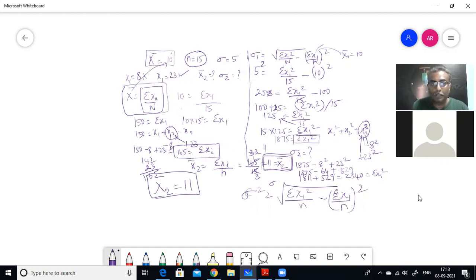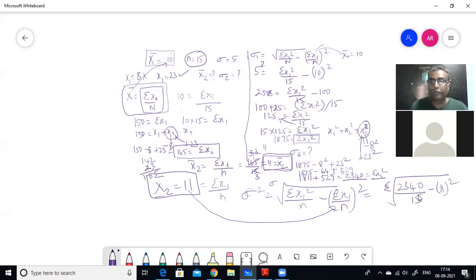So, this is equal to sigma xi by n. Substitute 11 here. So that is equal to the square root of sigma xi squared by n minus 11 squared. Sigma xi squared is 2340. So 2340 divided by 15, root of, minus 11 squared.